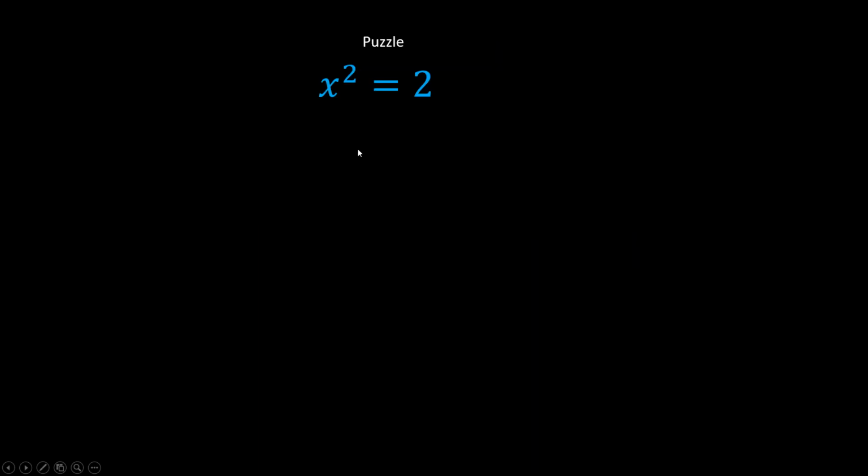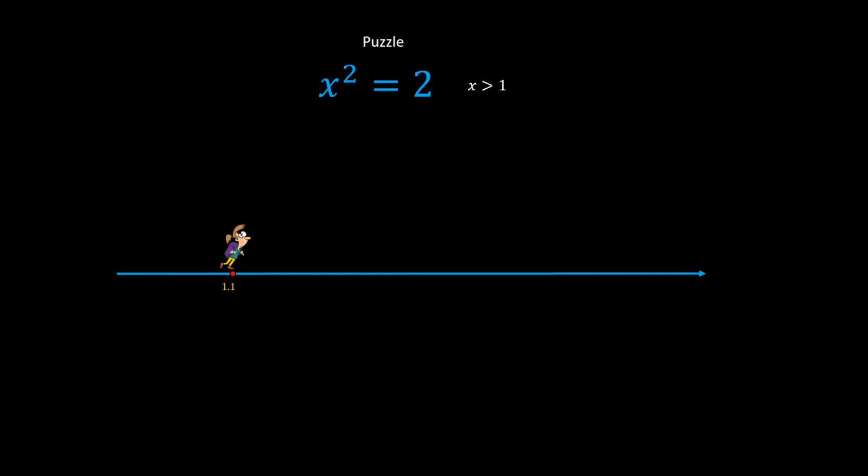To solve this puzzle, the simplest way is to start with a guess. For example, we know the answer should be greater than 1, so we start from there. We check if squaring it gives us 2. If not, we make the next step at certain intervals apart. If not, try the next one, and so on.